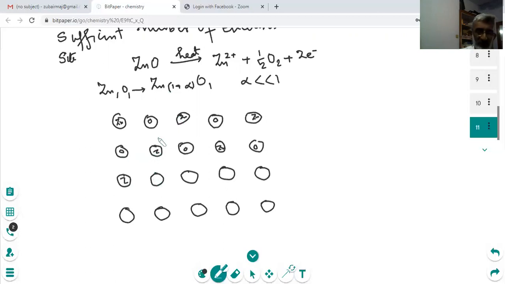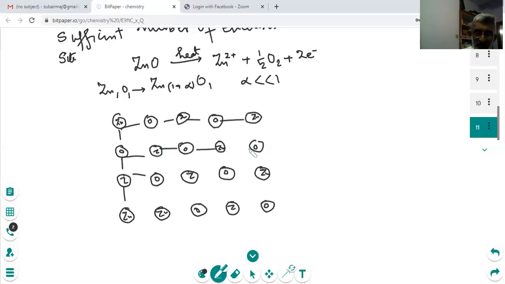Now during the heating process, so this is the overall crystal structure. You can connect them. Of course, without connection, you cannot have the crystal structure.